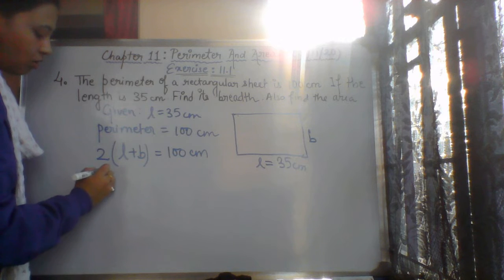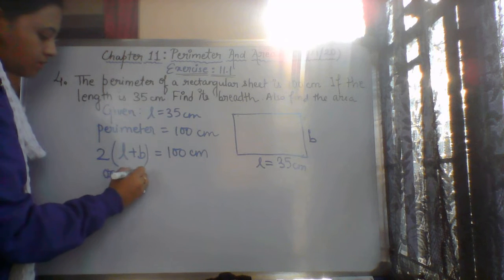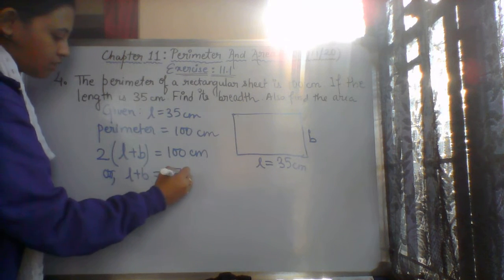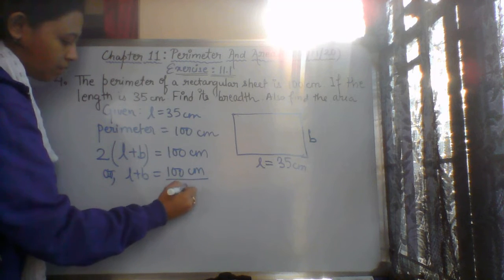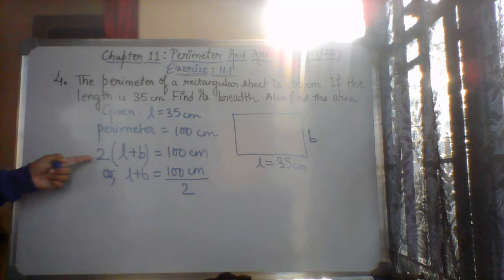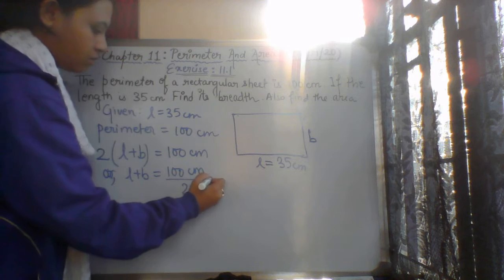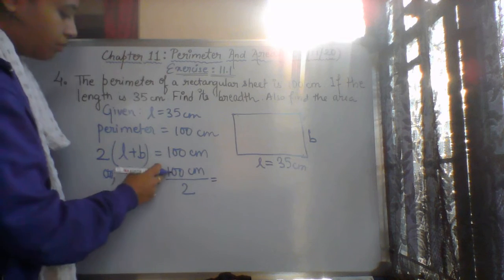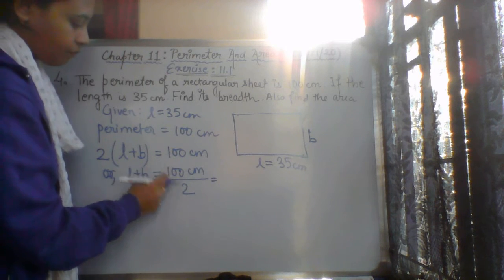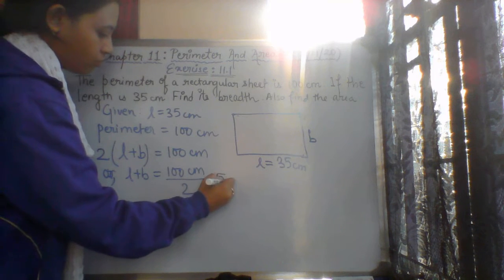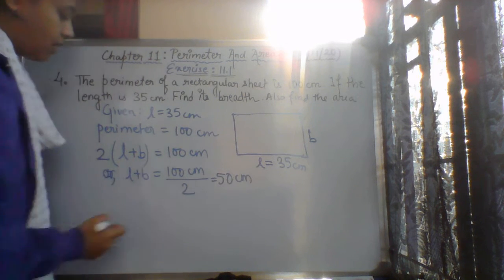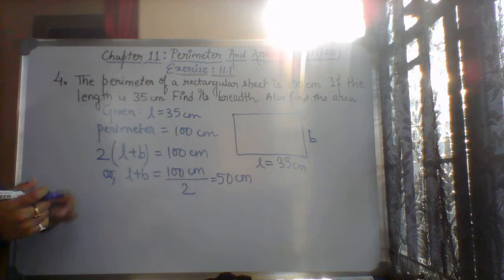Therefore, length plus breadth equals 100 centimeter divided by 2. The 2 is in the multiplication, so it will go to the denominator. 100 divided by 2 is 50 centimeter. Now length plus breadth is 50 centimeter.